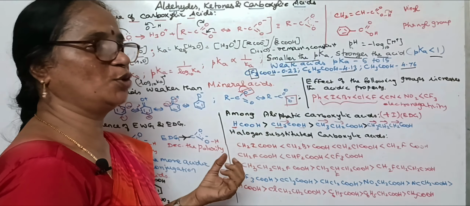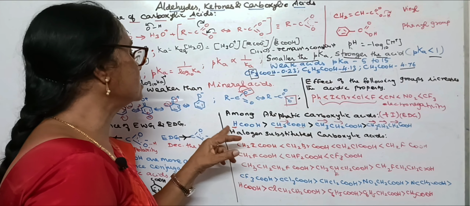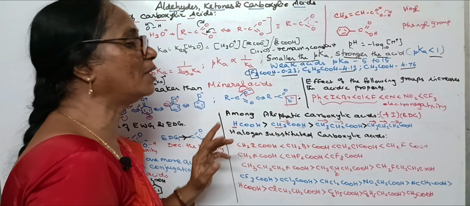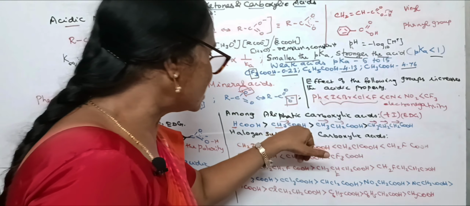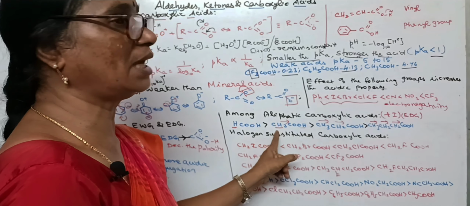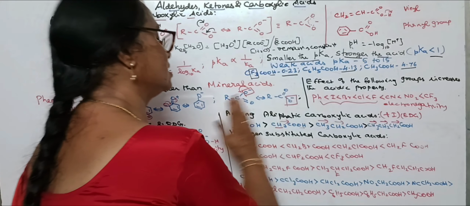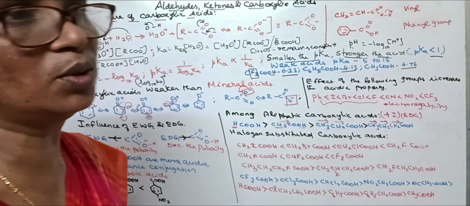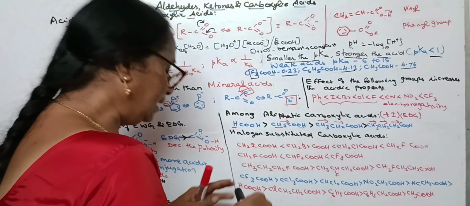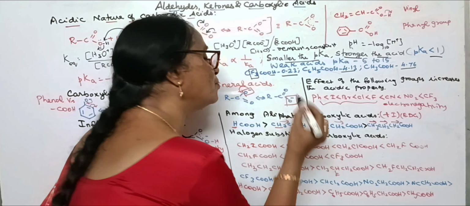Formic acid is said to be much stronger. This is because it has neither a plus I group nor a minus I group. But in acetic acid, we find one methyl group. That methyl group is a plus I group. What it will do? It releases electrons towards the carboxylic group and hence it destabilizes the carboxylate ion.